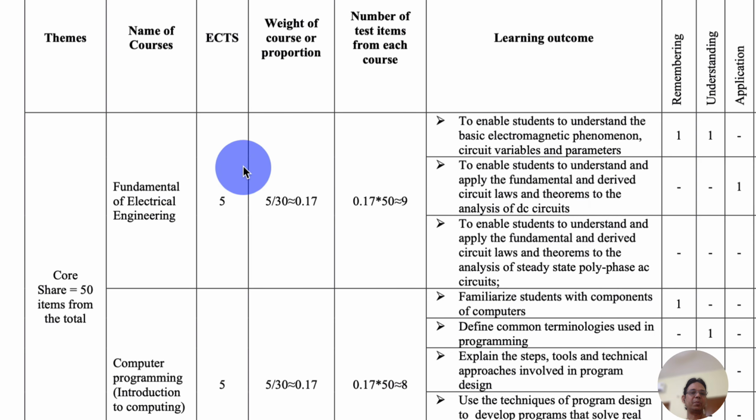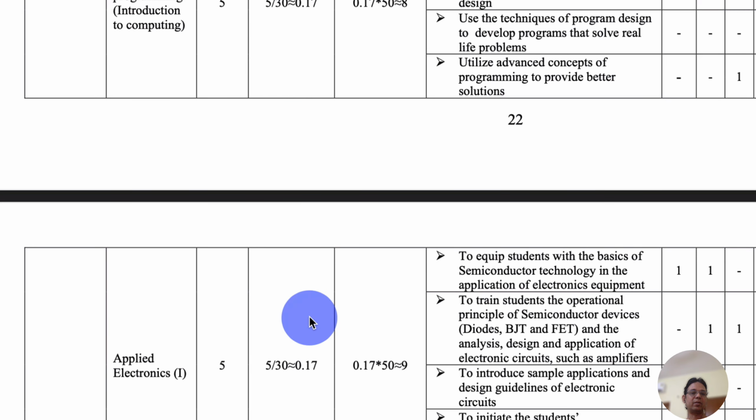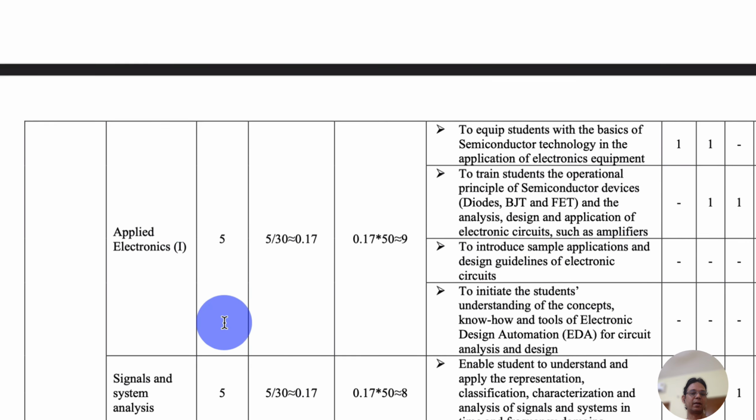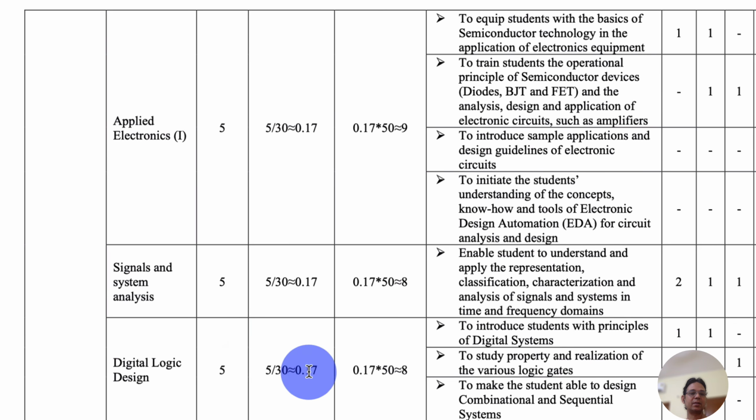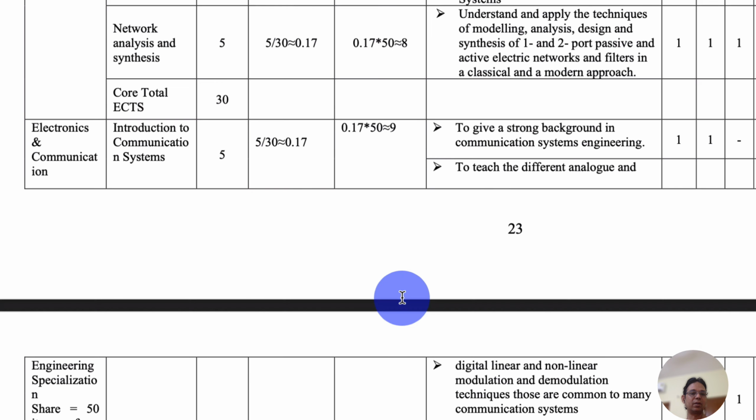So fundamentals of electrical engineering, as we saw previously also, same course, same objective we can see here, computer programming and applied electronics. Next is signals and systems, digital logic design, network analysis and synthesis. So these are the total core courses, 30 credits, then according to that it is highlighted.